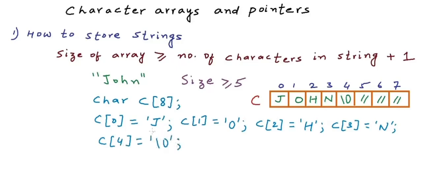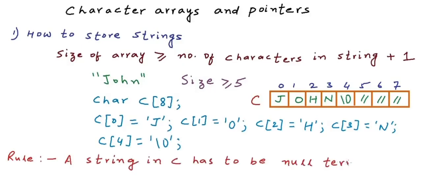Within single quotes, we put a backslash and the number 0. This is the null character. All the functions for string manipulation in C expect that strings will be null terminated. So this is a rule. A string in C has to be terminated by a null character, and that's why we need one extra space to store this null character.